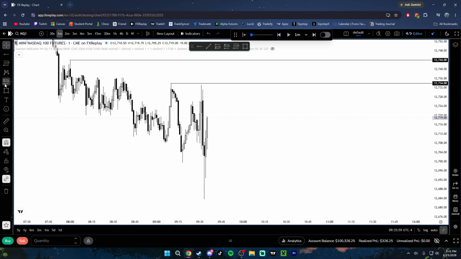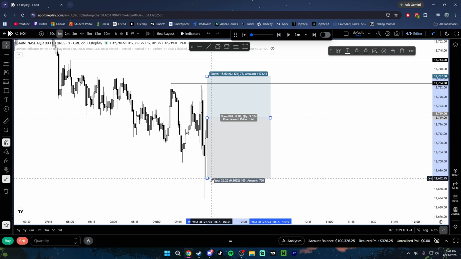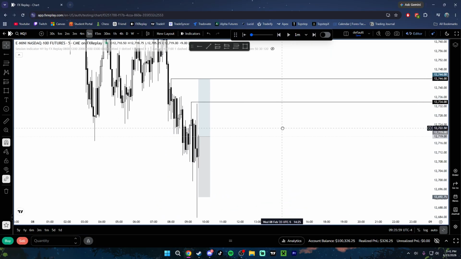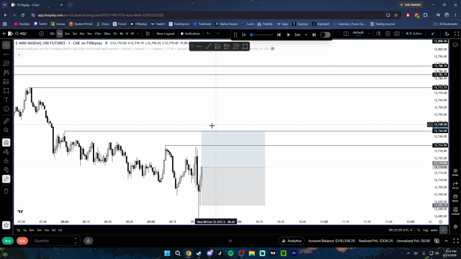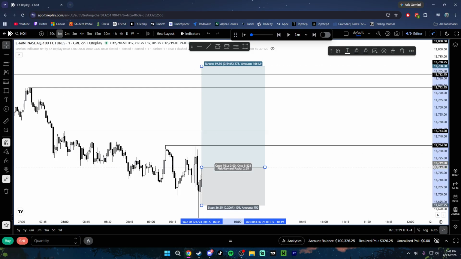Alright, we got our inverse here, really strong inverse, so I'll take this trade. Let me quickly run it towards like the London high, all the way up here.